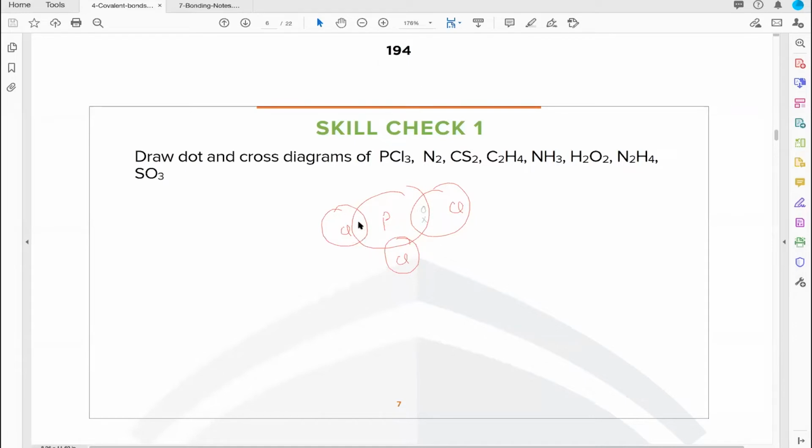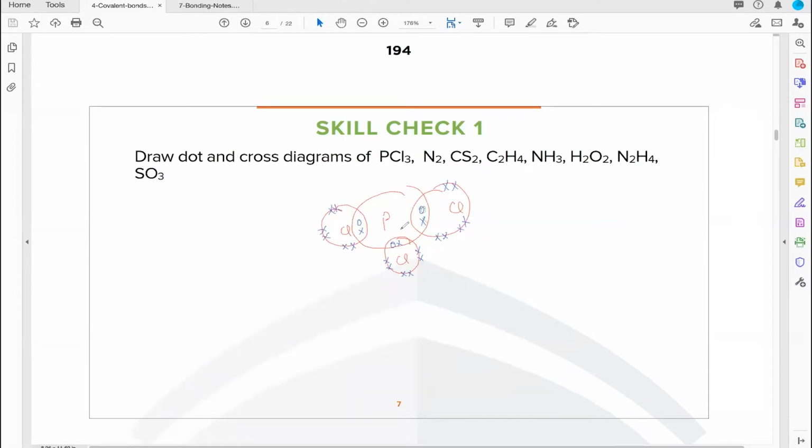I'll use another color. Similarly, this in group 7 needs one pair. This also needs one pair. Now I know that chlorine has 7 electrons of its own. One it has shared, the others are going to be over here. And I can use either a cross or a dot, my choice. Same with the other chlorines.